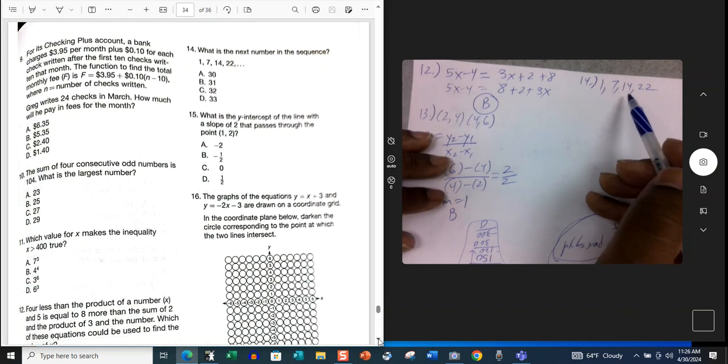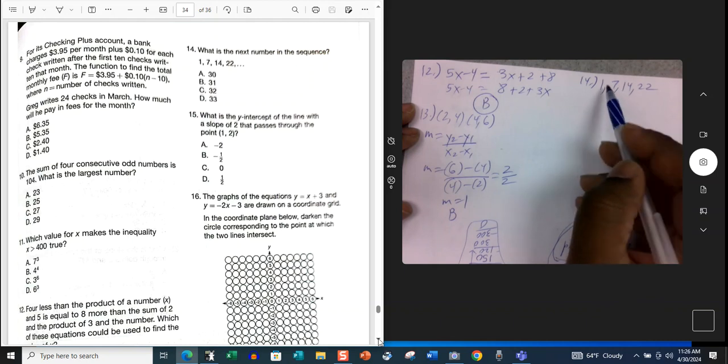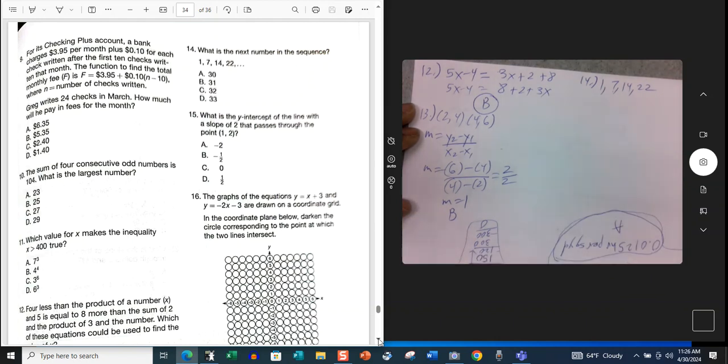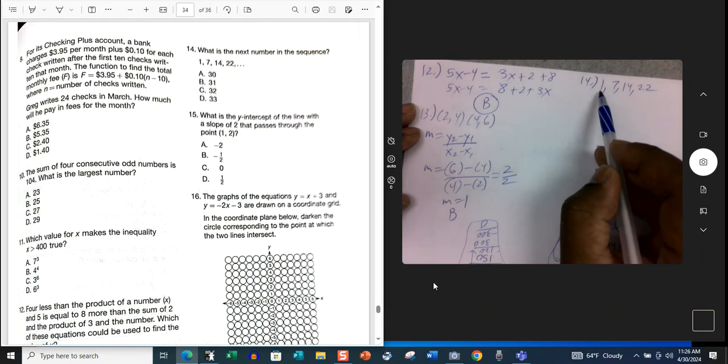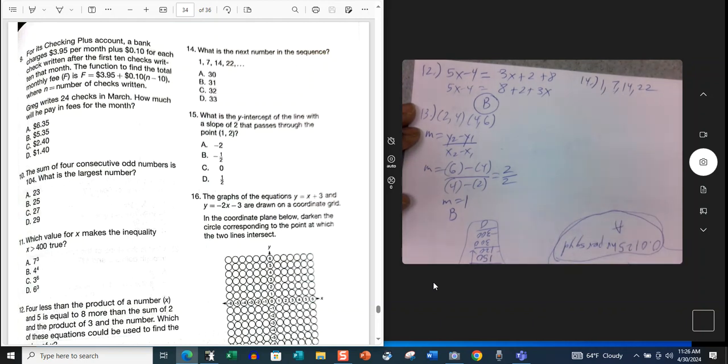So adding 6 does not work. Okay, so now what we could do is this here. Let me see, if we do 1 times 7 is 7, and 7 times 7 is 14, so that's not working.